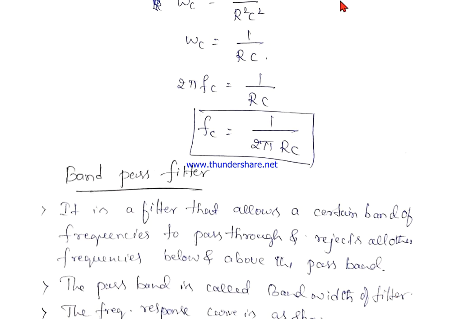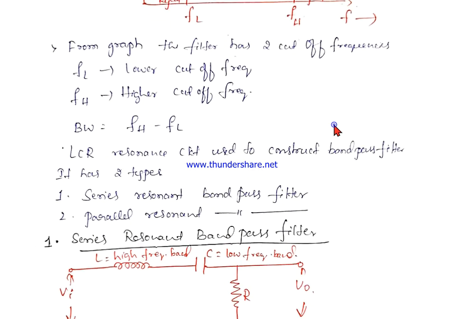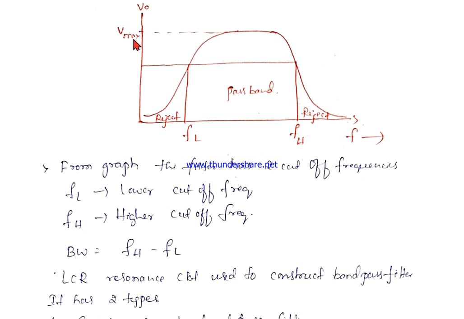The frequency response curve of the band pass filter is as shown in the diagram. If we plot a graph of frequency along the x-axis and output voltage along the y-axis, we'll observe a graph like this.